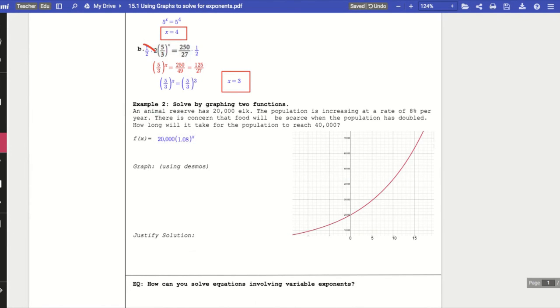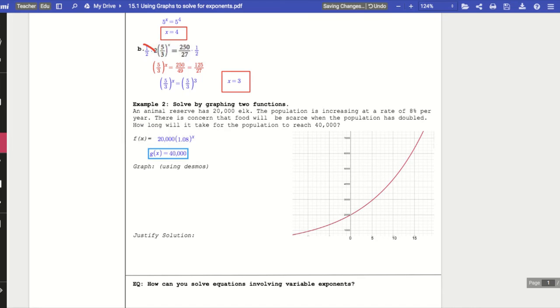Then I would graph this function using Desmos, and you can see I did graph this function using Desmos. I also want to know how long it will take until the population reaches 40,000, so I would also graph the equation g of x is equal to 40,000, because I want to find out when it intersects with 40,000.